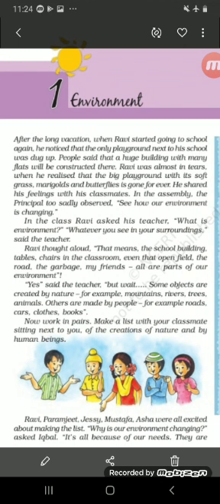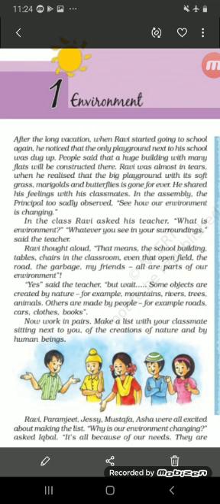Whatever we see in our surroundings, this is our environment. The teacher replied in this way. Ravi thought aloud: that means the school building, tables, chairs in the classroom, even that open field, the road, the garbage, my friends, all are parts of our environment.